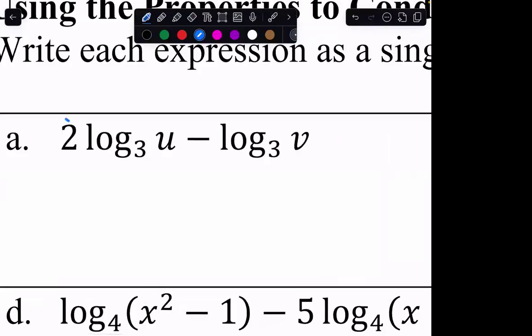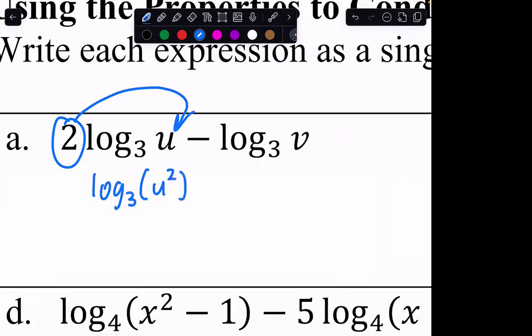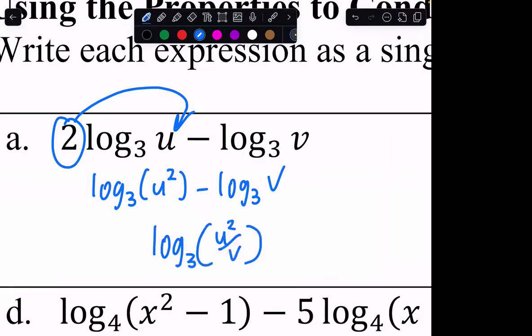So first thing I would do is move the 2 into the argument. The v is okay because there's no coefficient besides the invisible one. And then now I apply the property that to subtract logarithms, you divide the arguments. So you see it's not actually u, it's u squared.